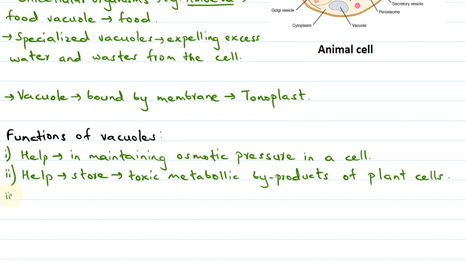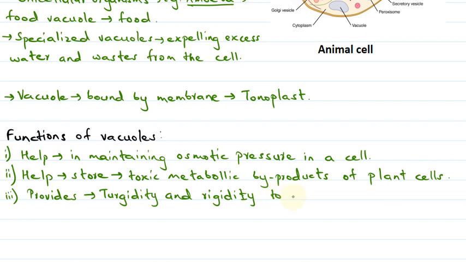They also provide turgidity as well as rigidity to plant cells. These are the main functions performed by the vacuoles.